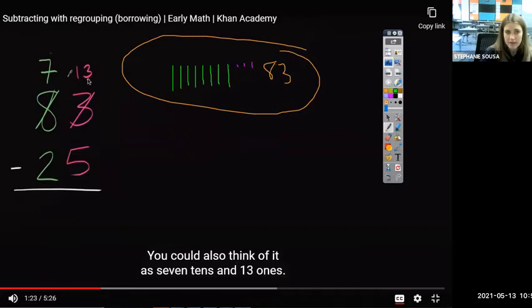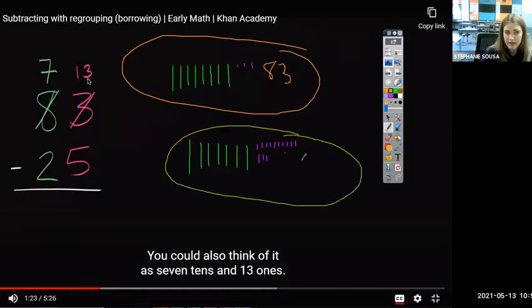This also has a total value of 83. 7 tens and 13 ones. 10, 20, 30, 40, 50, 60, 70, 13 ones, 71, 72, 73, 74, 75, 76, 77, 78, 79, 80, 81, 82, 83. This is still 83.